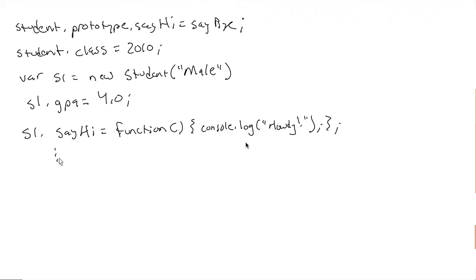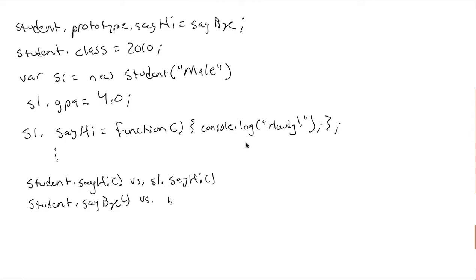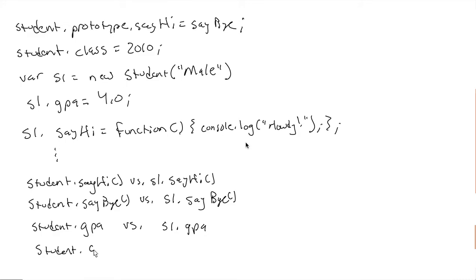And a little bit of code later, what's going to happen if I say Student.sayHi versus s1.sayHi, or Student.sayBye versus s1.sayBye, or Student.GPA versus s1.GPA, and finally Student.class versus s1.class.